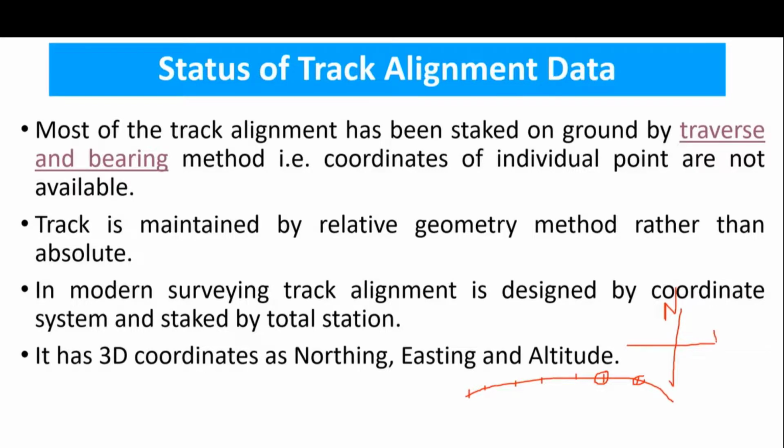Some point here will have a certain value of northing and a certain value of easting. So the coordinate will be defined by northing and easting, and altitude in the z direction, the vertical direction.